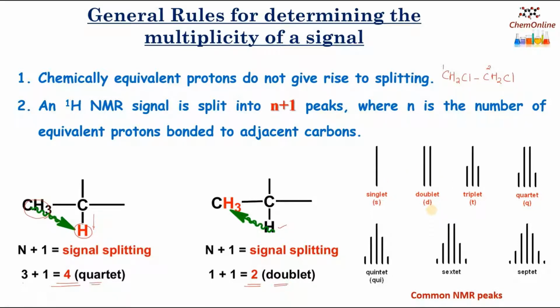So, this is how the splitting of peak occurs in an NMR spectrum. A signal in a proton NMR spectrum will split into n plus 1 peaks, where n is the number of equivalent protons bonded to adjacent carbons. So like quartet or doublet, we can see different kinds of peaks like triplet, quintet, etc.